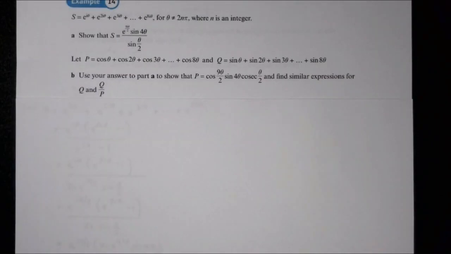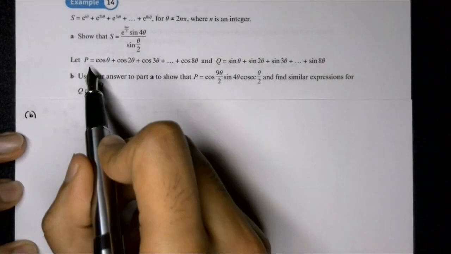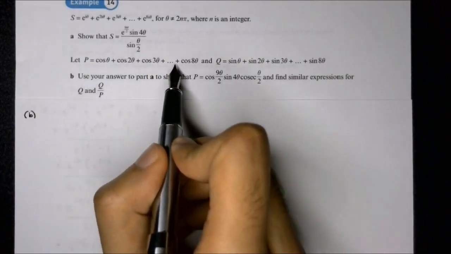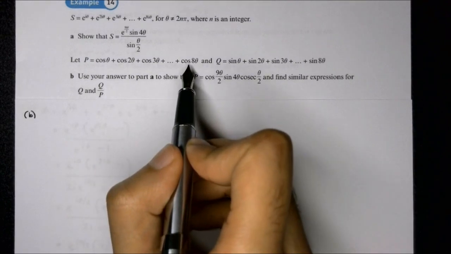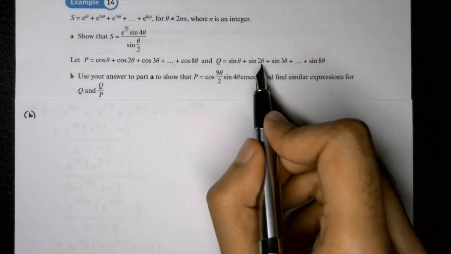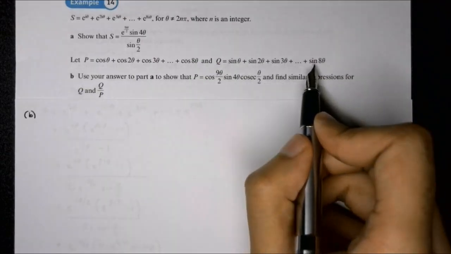Now for part B of the question, we have to let p equal cos theta plus cos 2 theta plus cos 3 theta, etc. up to cos of 8 theta, and we have to let q equal sine theta plus sine 2 theta plus sine 3 theta, etc. up until sine 8 theta.